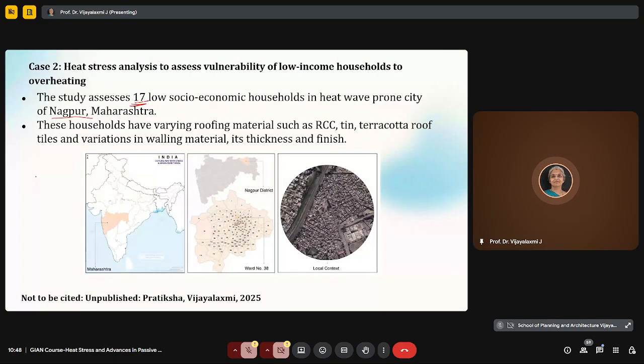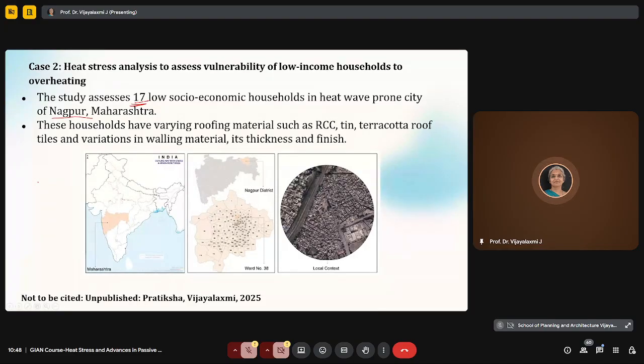Indoor WBGT is assessed again using the same Bernard and Pormagni method. The indoor WBGT values are compared based on orientation, walling material, thickness, and roofing material.